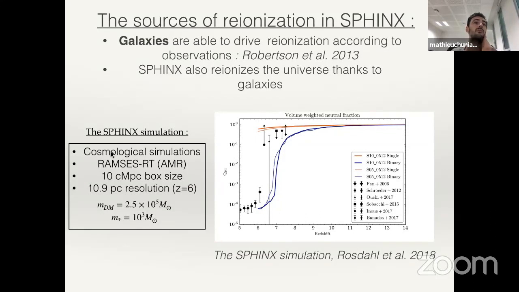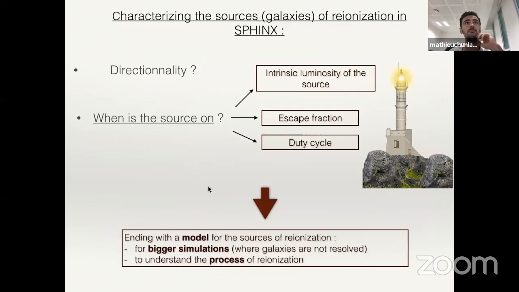It's a cosmological simulation which uses RAMSES, which is a hydrodynamical AMR code. Myself specifically, I work on a 10 comoving megaparsec box with a resolution of 10 parsec at redshift 6, a dark matter resolution around 10^5 solar masses, and a stellar particle resolution around 10^3 solar masses.